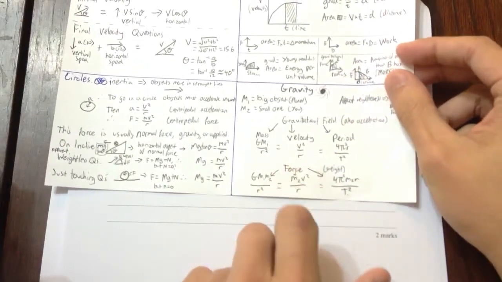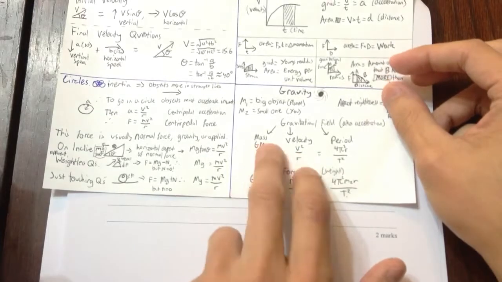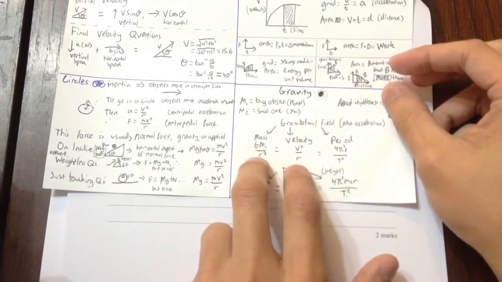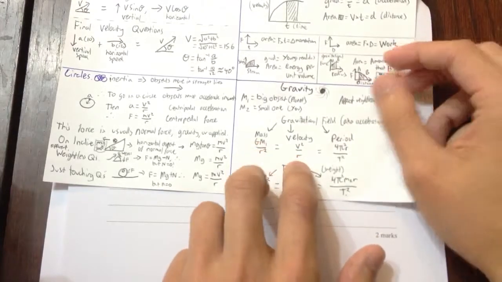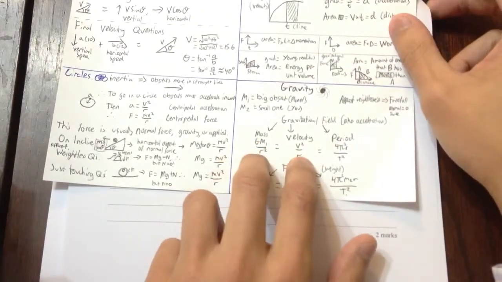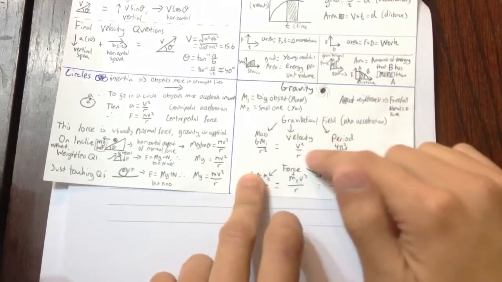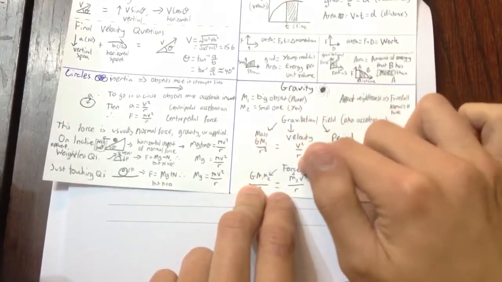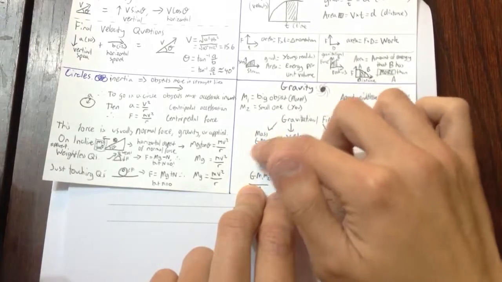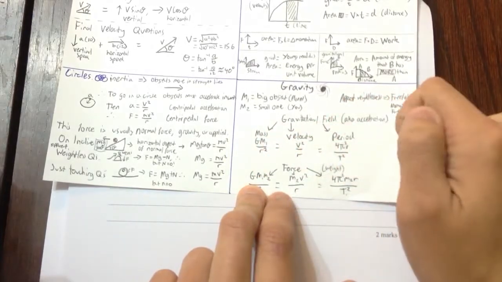So I know v squared varies. We could use this. Hard to explain why. But basically, we know that GM on r squared equals v squared on r, because this is our gravitational formula. So now if we take the r over, it would be GM on r equals v squared.